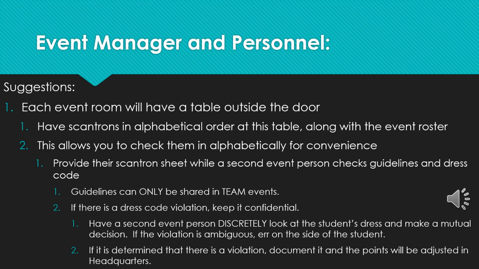You do want to make sure that team members don't sit together, but you can also have another person at that table that, as you're calling the roster and getting them in and making sure it's the correct student and that they're where they're supposed to be, is looking at the dress code very discreetly and checking for the guidelines. Keep in mind, if it's a team event, they only need one set of guidelines.